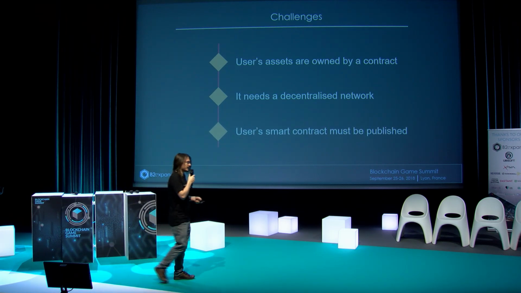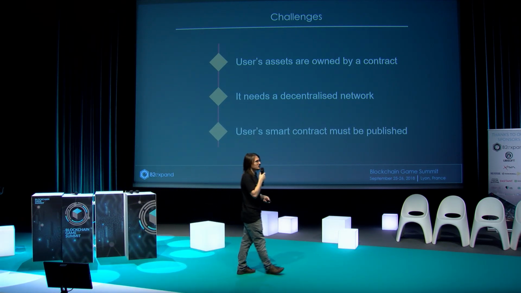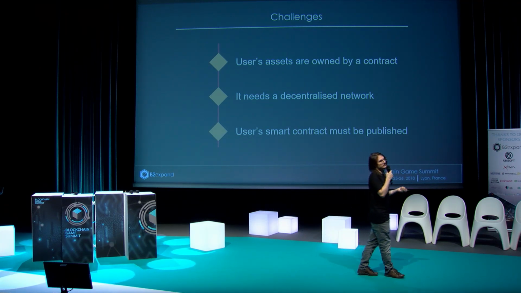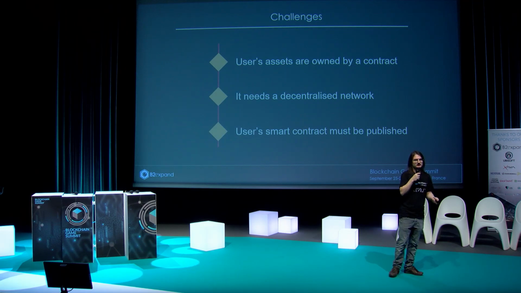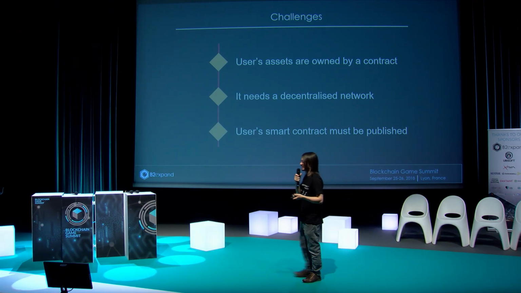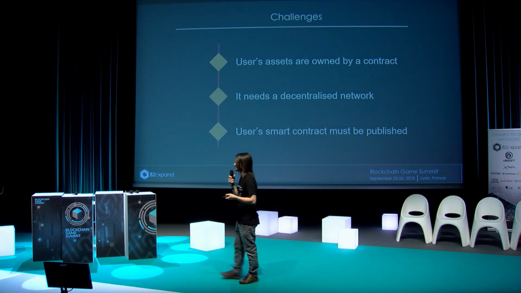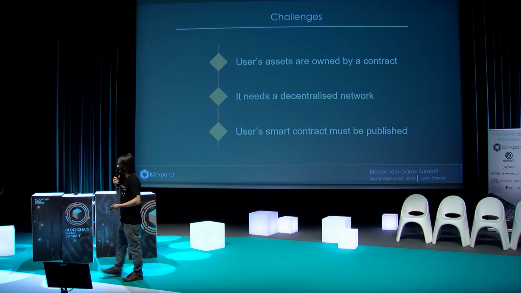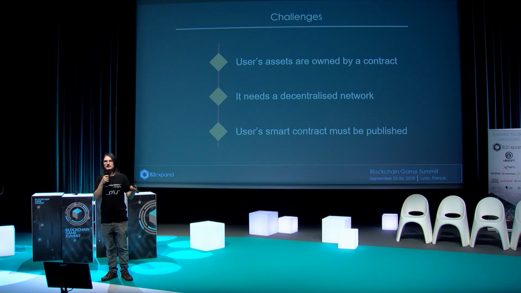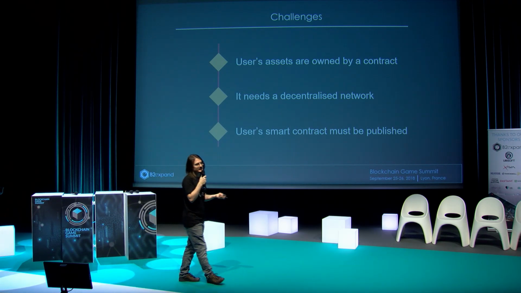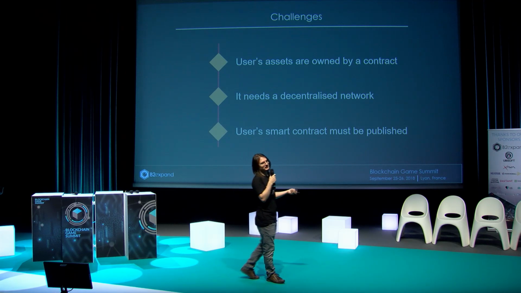And at last, we need to publish a smart contract every time a user enters your system. And this smart contract is published at some cost. And this cost can't be directly paid by the user because the user doesn't have any Ether to publish the smart contracts.